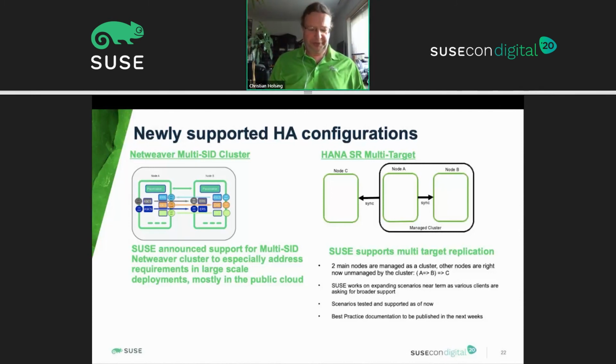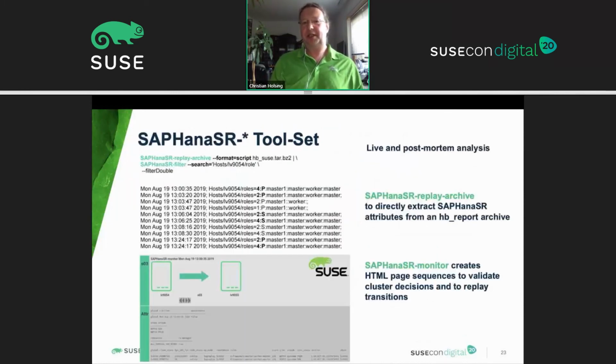Okay, just briefly touching on one additional thing, which is the tool set. That's actually very handy and on the back end. So we've updated the HANA SR tool set to basically provide you the ability to replay a HANA log and do a postmortem analysis. And the new thing that we've added is basically the visualization of it.